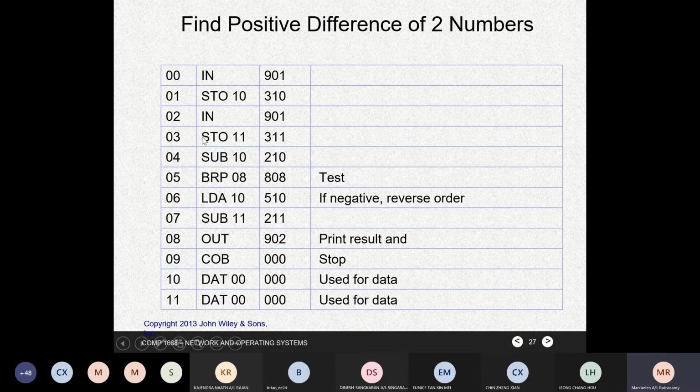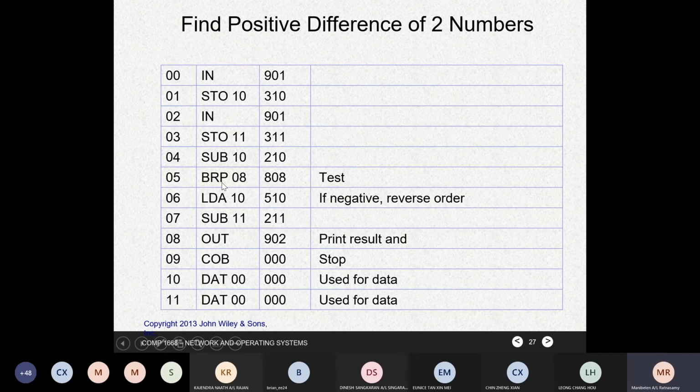Yeah, and then you subtract 10. That means you take the value from the store, subtract 10. Subtract 10 means you take the value of 11, subtract the value of 10. Yeah, that's what the instruction here says, subtract 10.